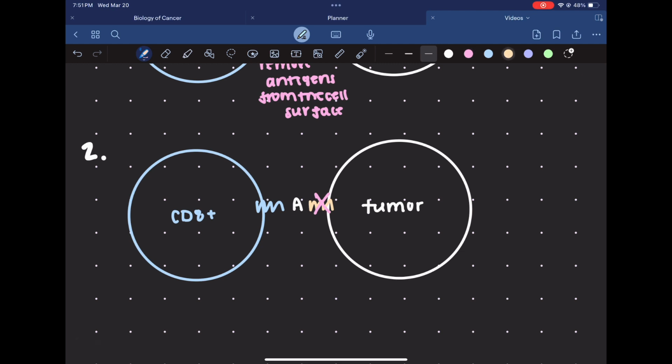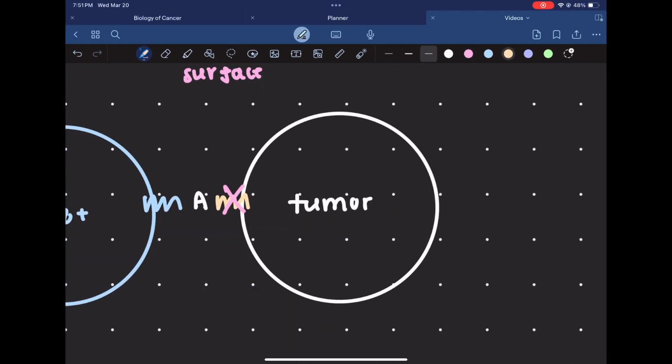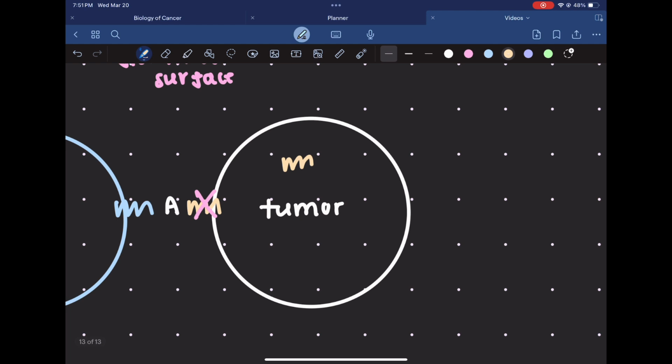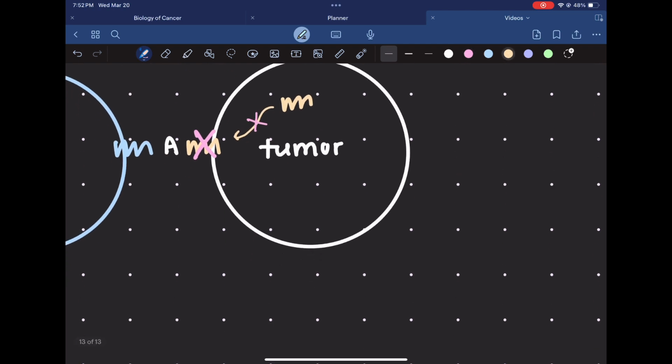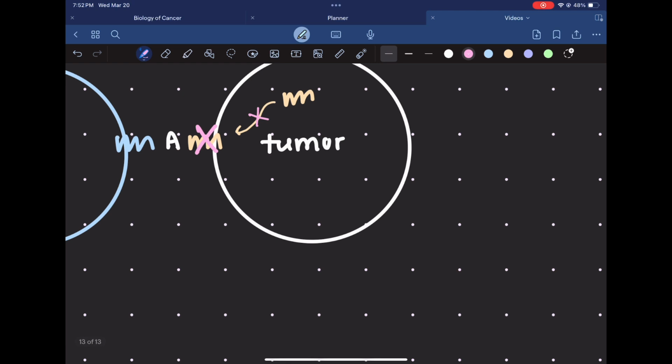And we are going to keep our MHC1 molecule inside the cell instead of trafficking it to the cell surface. So this trafficking process is really what's blocked in this case. So I'll just describe that right here.